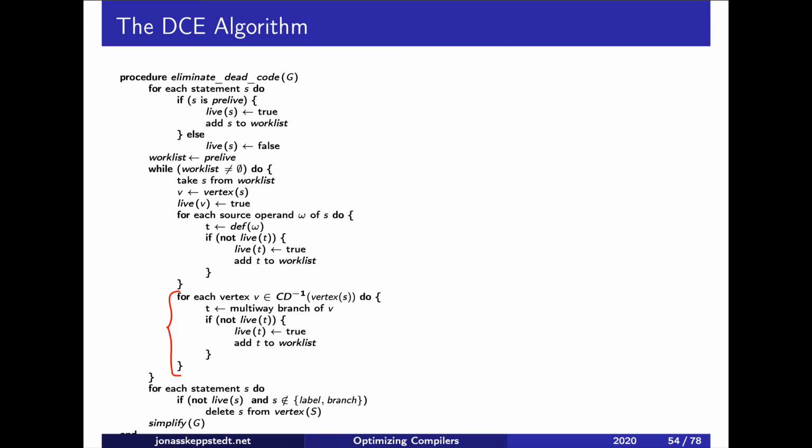That is covered in the optimizing compilers course, and these branches are marked and put into this as well. And what we do then is to simply remove all statements that were not marked as live. But I should say we keep the first instruction in every basic block and all the branches.